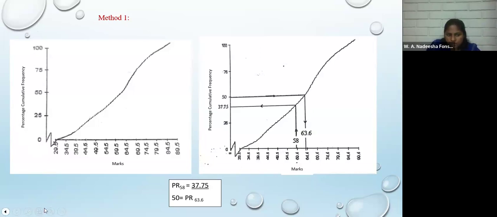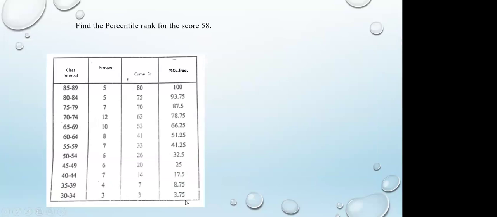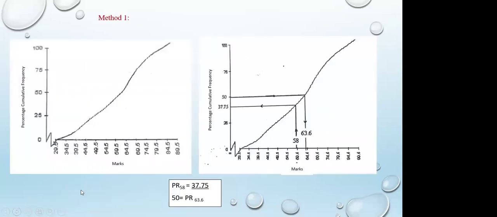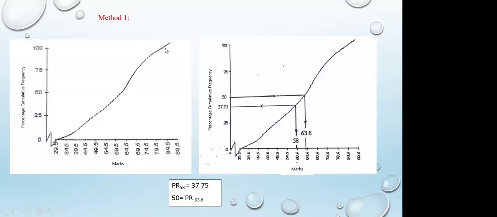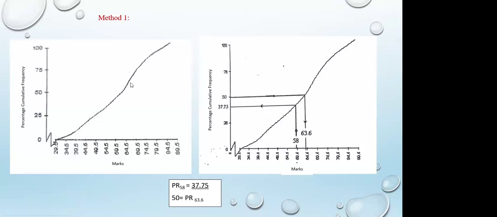Then we have to mark the data, like 34.5, 3.75. First, we have to mark the data points, and then you can connect them freehand, like this.